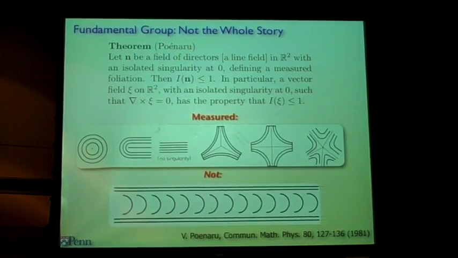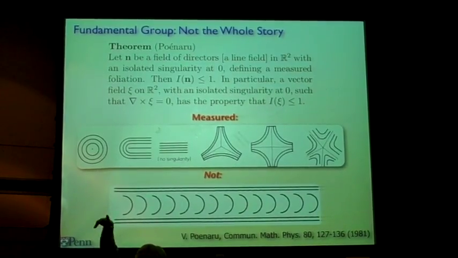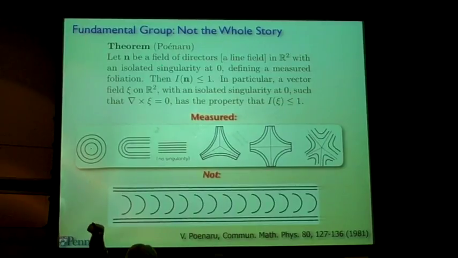The result was that if you have measured, so I think measured means that locally it looks like a smectic. Locally it looks like parallel lines. If you have measured line field, then you can have a defect like that, like a bullseye. A bullseye has charge 1, disclination charge 1. Right?